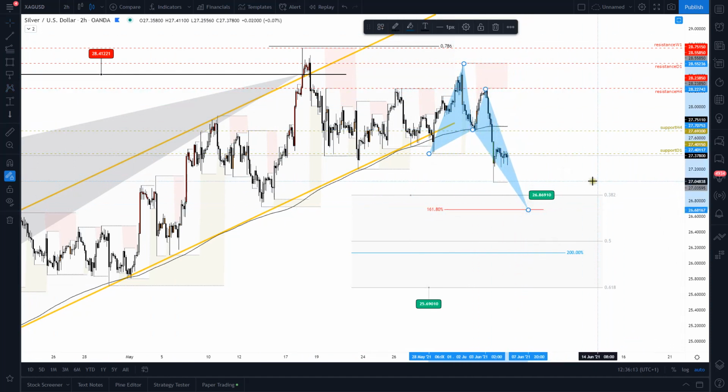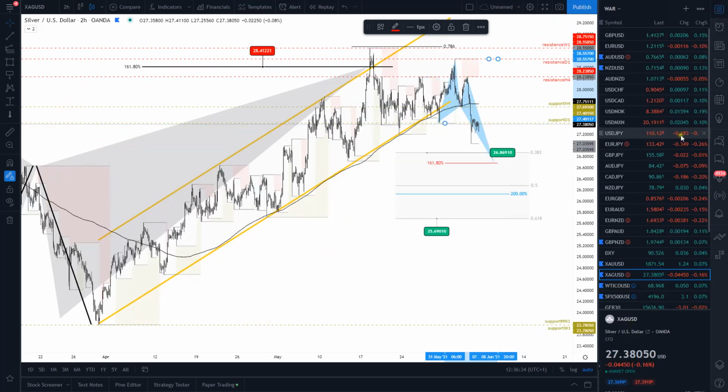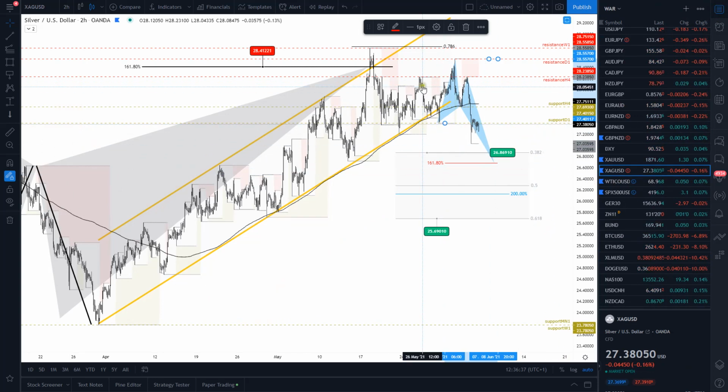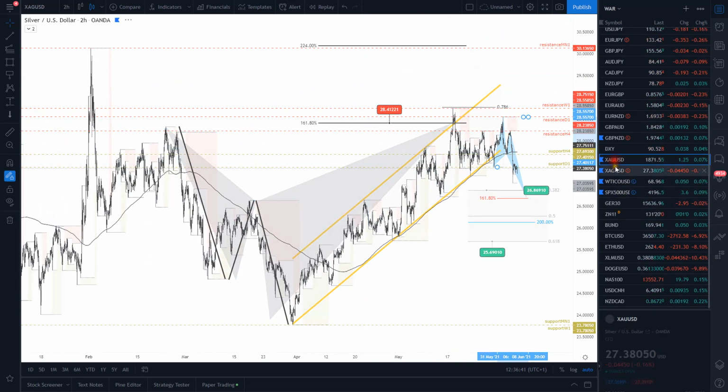That will force the price to trade to my default target for the shark pattern printed above, and that will complete also the bullish crab pattern, converging with the euro versus dollar, Australian dollar, the cable, the New Zealand, every other chart that I showed you before, converging with this chart for silver and gold.